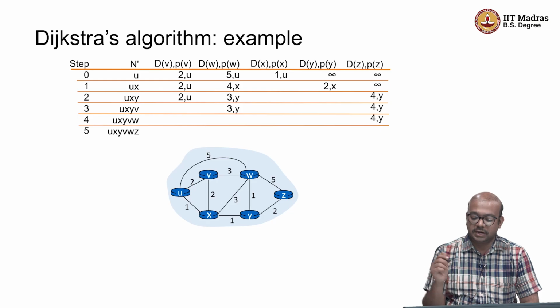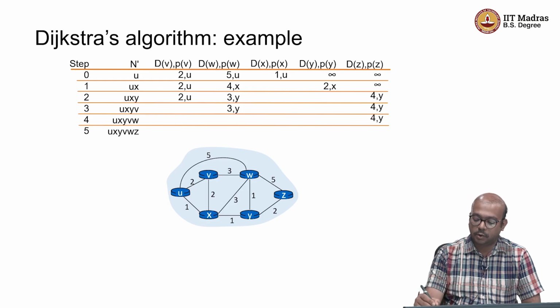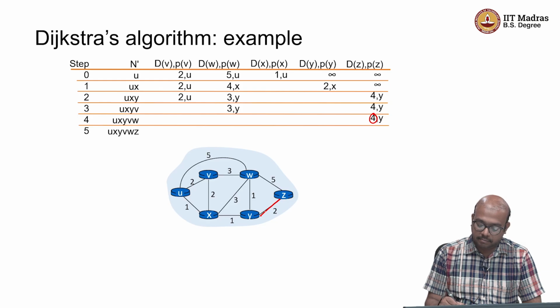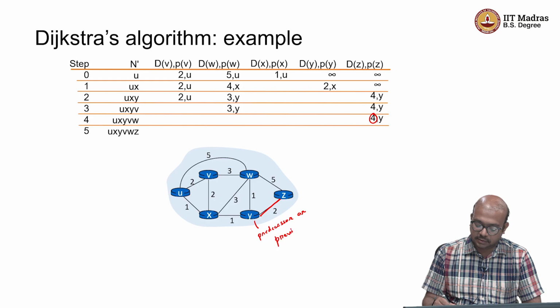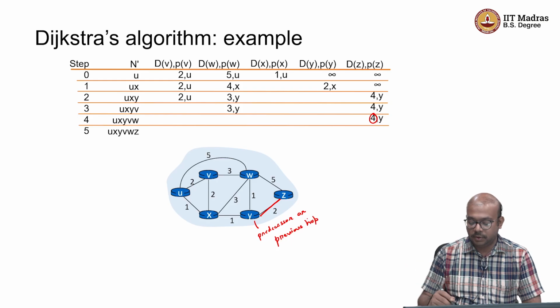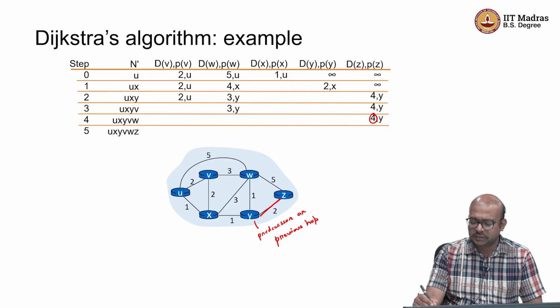In order to reach the destination z, I know that the cost is 4 and the predecessor node of z is y. So, this much I know: if I want to reach z from u, the total cost is going to be 4, and the previous hop, the predecessor, is going to be y. So, this much is known.